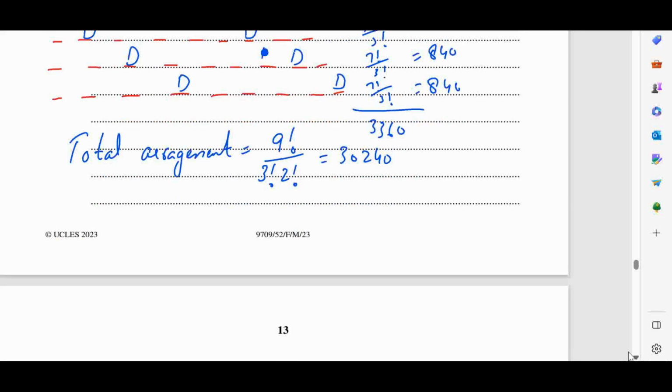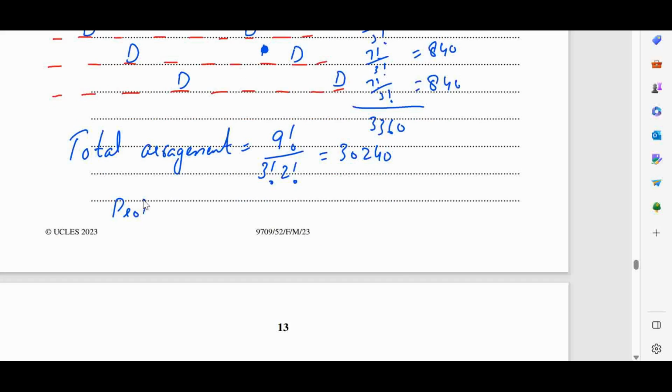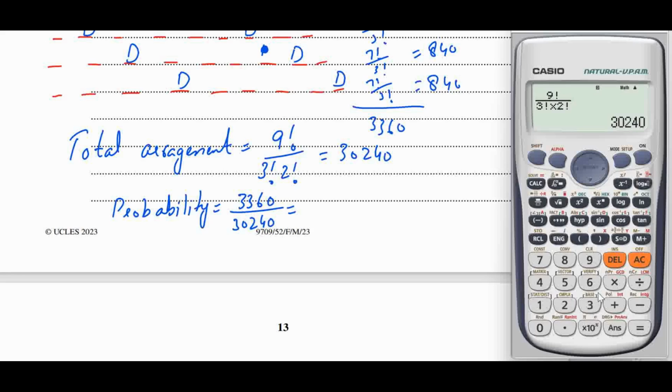Now we can see here the probability. So the probability will be equal to 3360 divided by 30240.